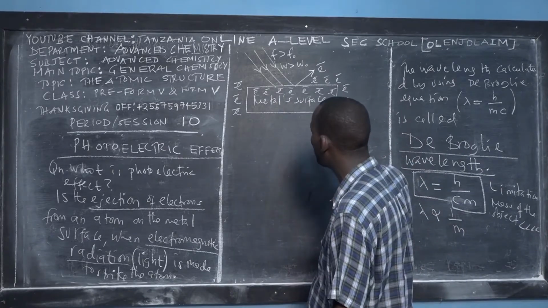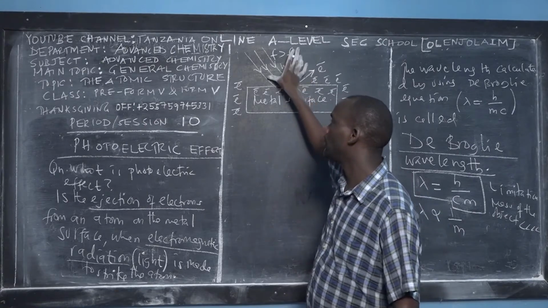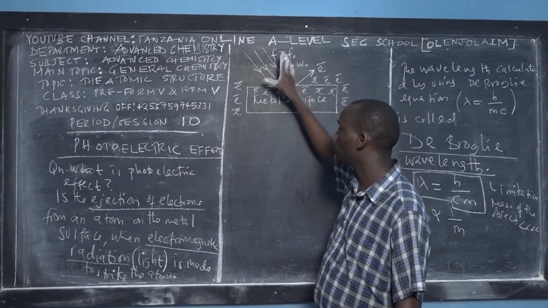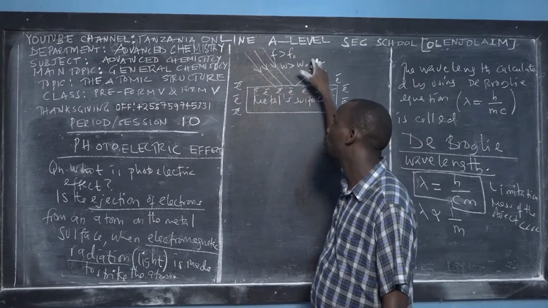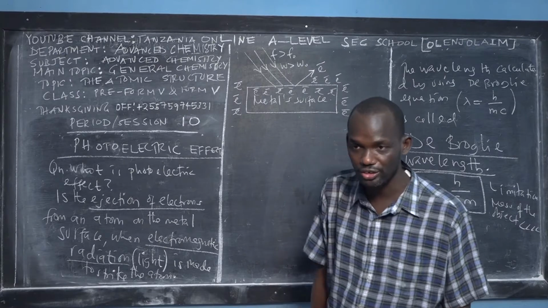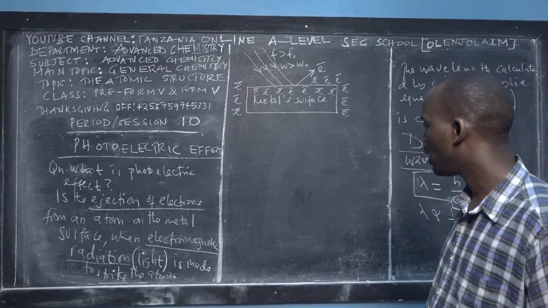But not every amount of light will be suitable for that. The frequency of the incident light should be greater than the threshold frequency, and its energy should be greater than the work function of the metal.